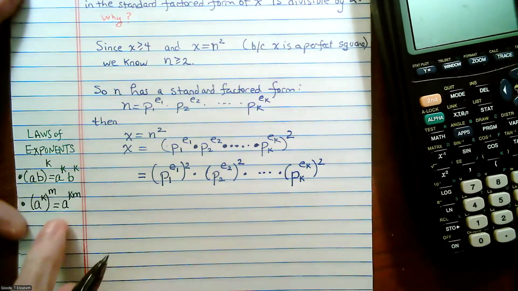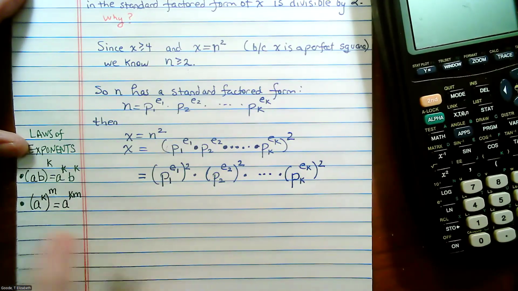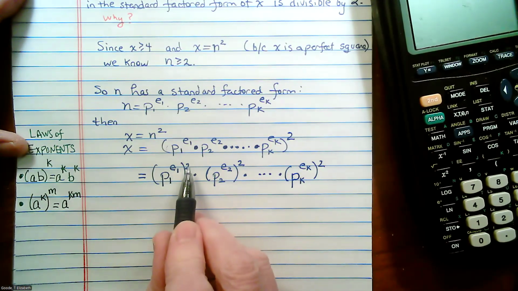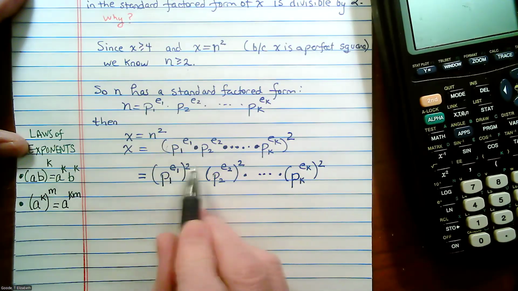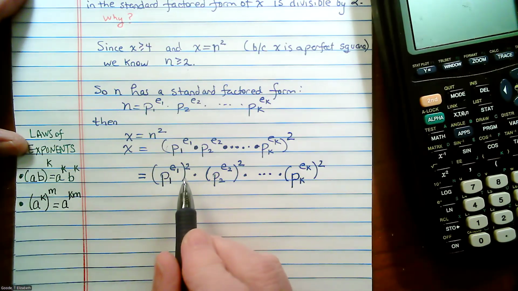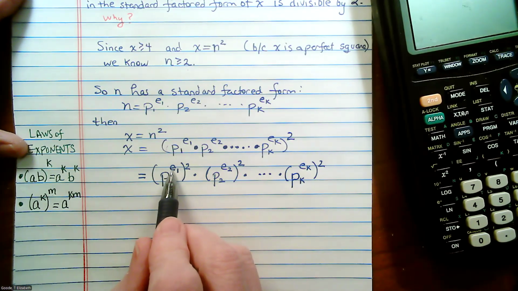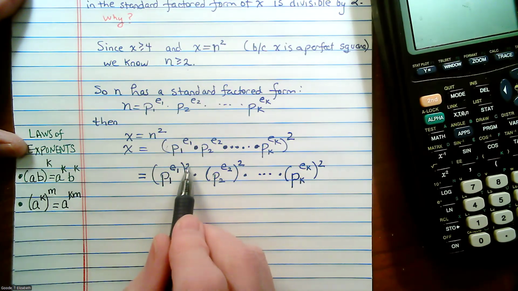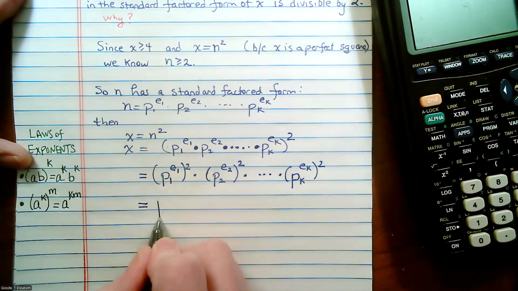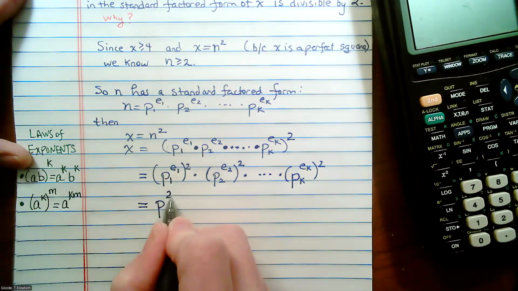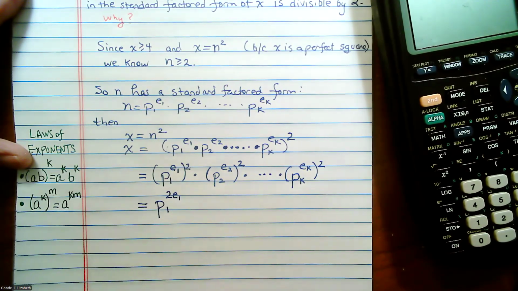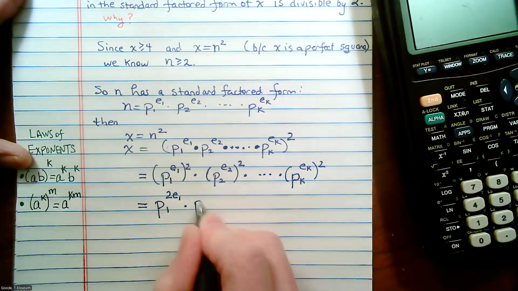Now we get to use the second rule that says if you have an exponent being raised to an exponent, you can just multiply those together. When we multiply a variable like E and a number, we generally write the number part first, right?